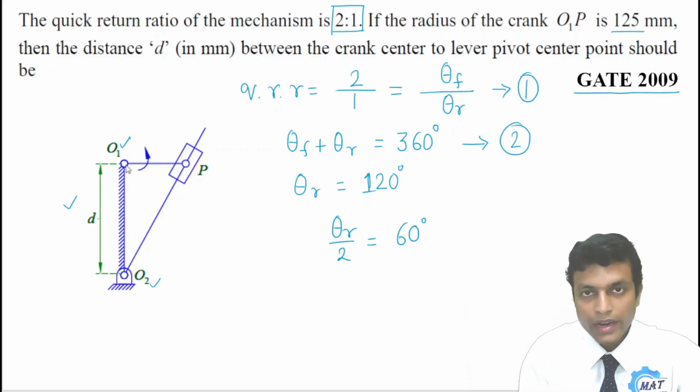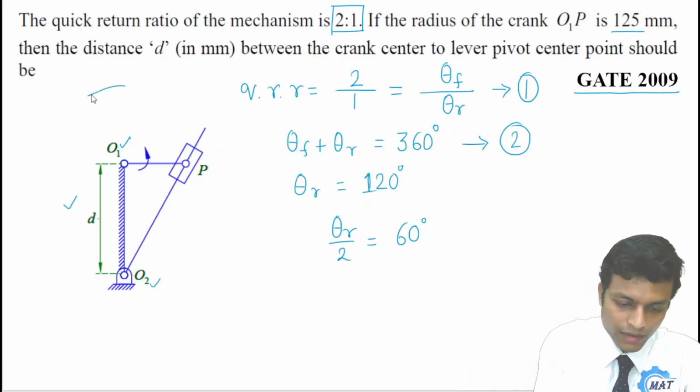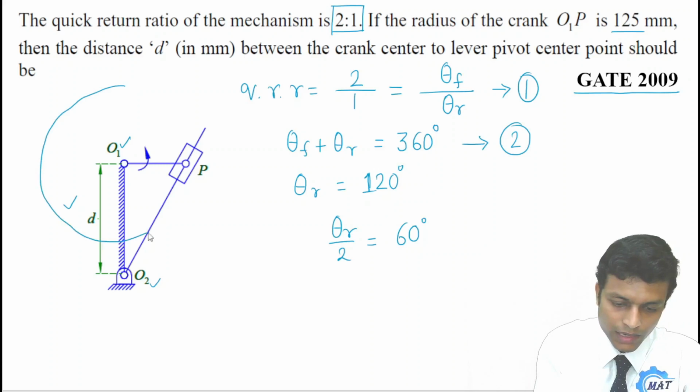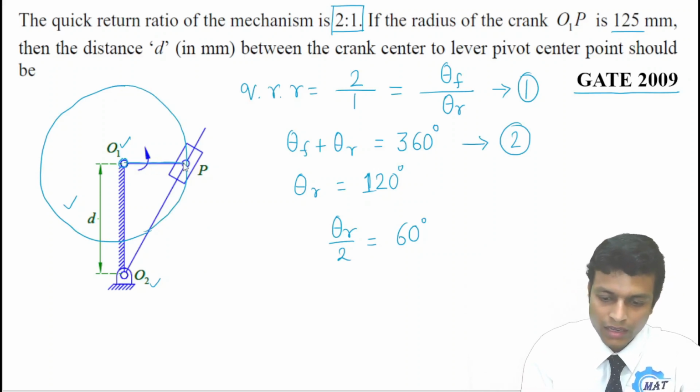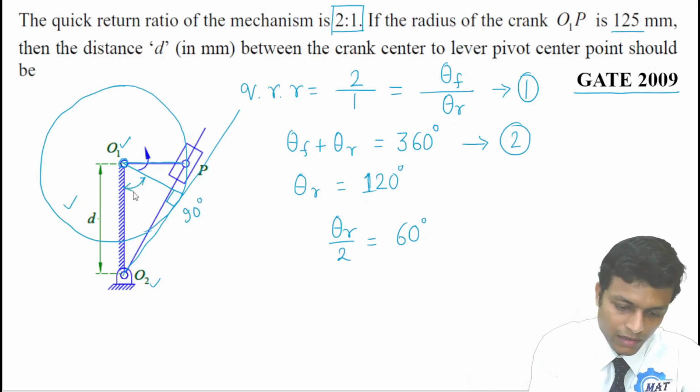So here, to locate theta r by 2, what we have to do? We have to draw a circle at center O1 and radius O1P. So this is the circle, and the oscillating link or the lever, that is O2P, will be tangent to this, and as this is tangent, this angle is 90 degree, and this angle is theta r by 2.